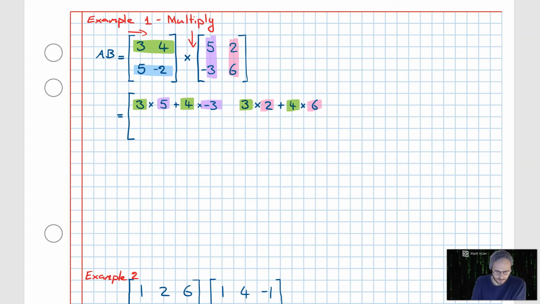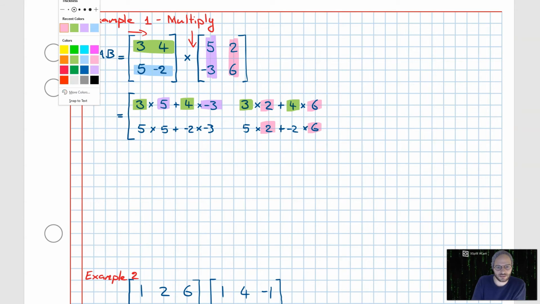For the element 2, 1, 5 multiplied by 5 plus -2 multiplied by -3. Notice that I actually do have to think about this. Now, second one, 5 multiplied by 2 plus -2 multiplied by 6. So this should take your full concentration to do without making mistakes.